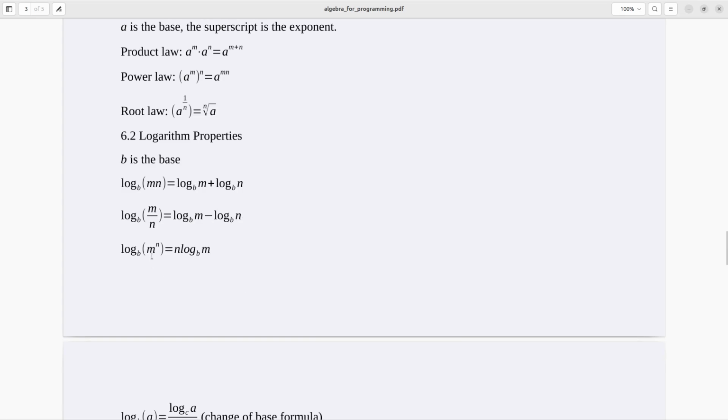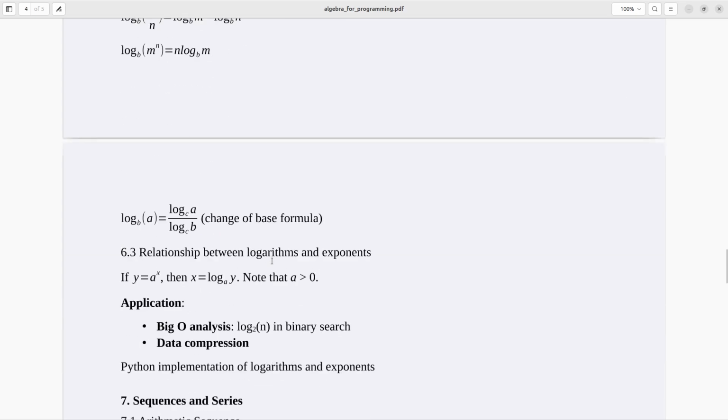Similarly, for division, m divided by n, when we take logarithm with base b, the left-hand side is equal to the logarithm of m with base b minus the logarithm of n with base b. And for m to the power of n, if we take logarithm of it with base b, the answer would be equal to n times the logarithm of m with base b.